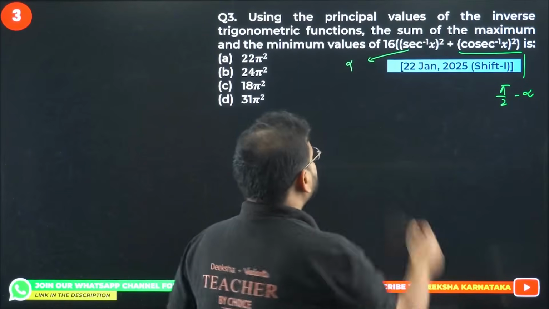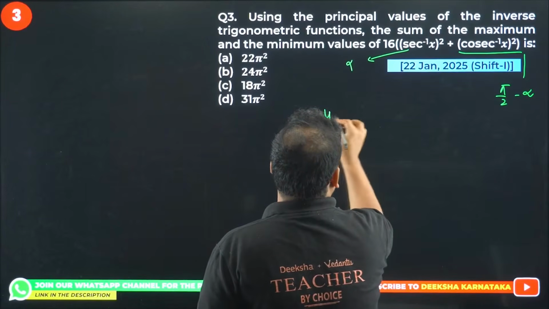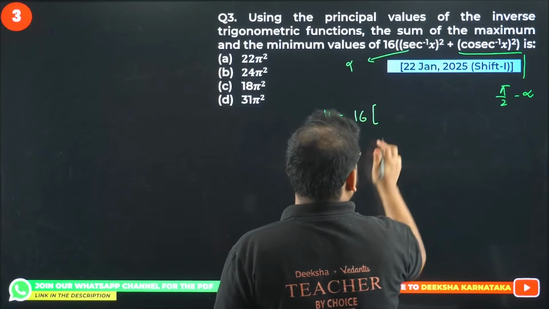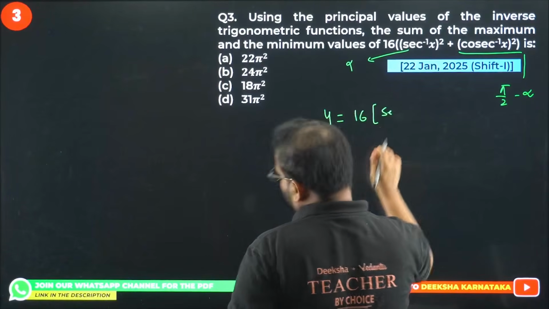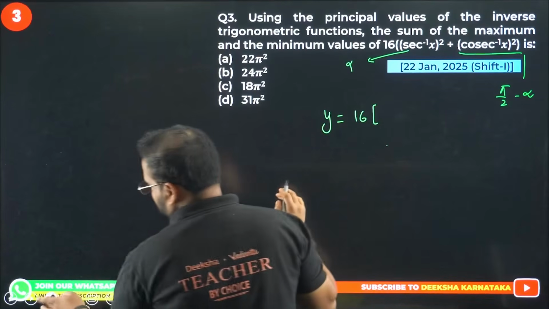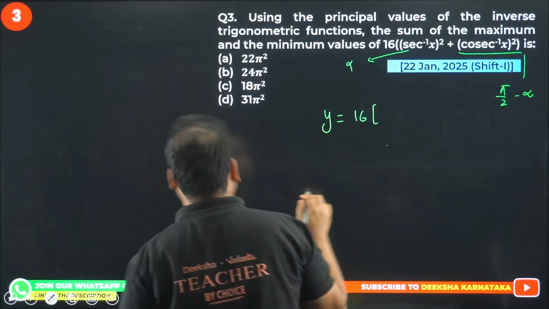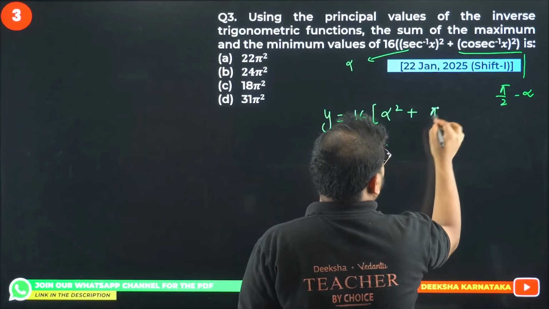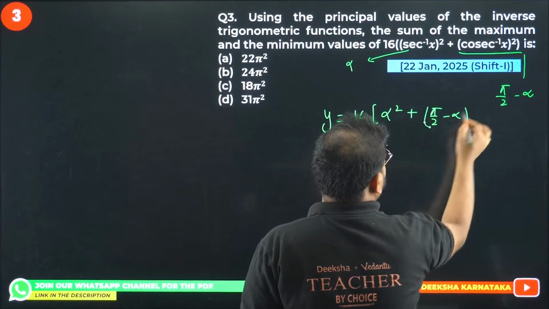Okay. So I can write this as a function y equals to 16 times alpha square plus pi by 2 minus alpha the whole square.